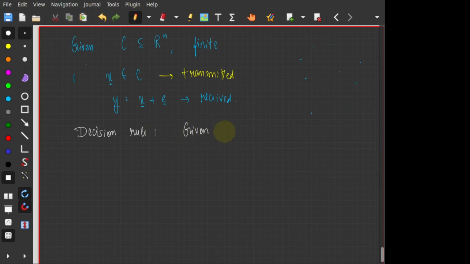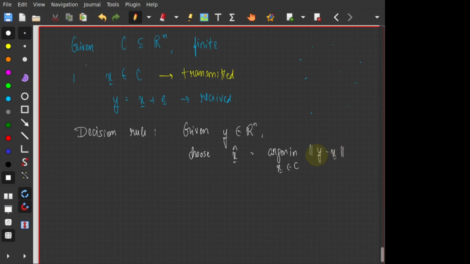So given any y, you can think of this as the received vector. You choose x hat to be the arg min over x in C of the norm of y minus x.